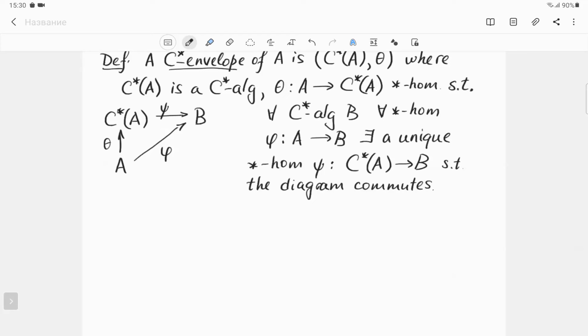Okay, what can we say immediately by looking at the definition is that a C-star envelope is unique in the following obvious sense.